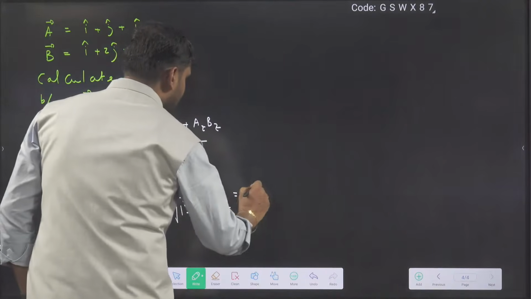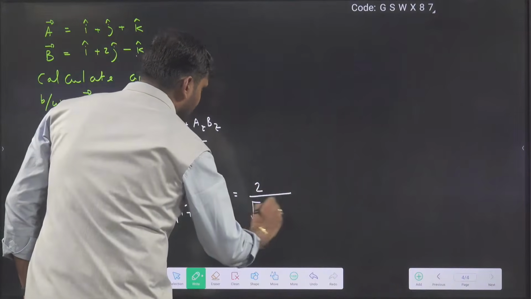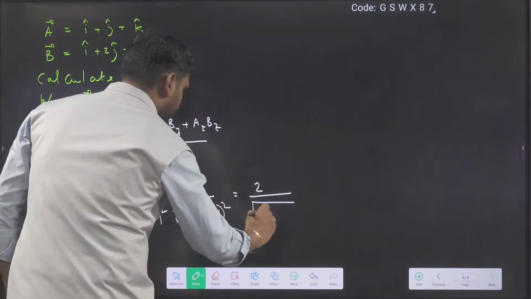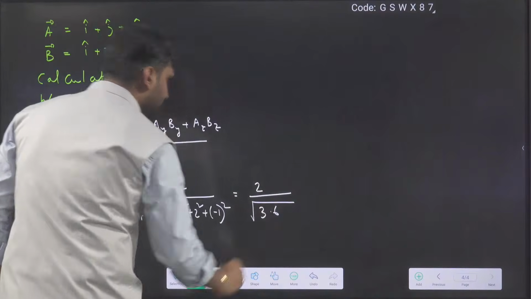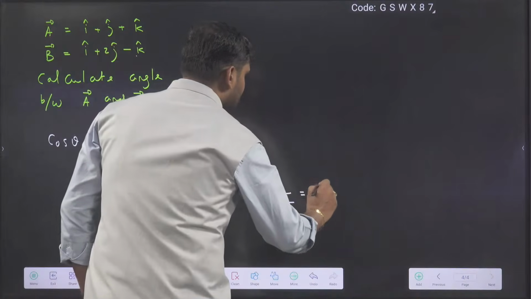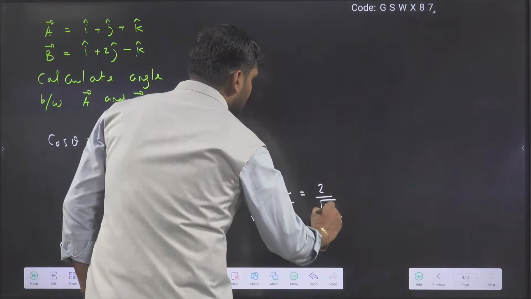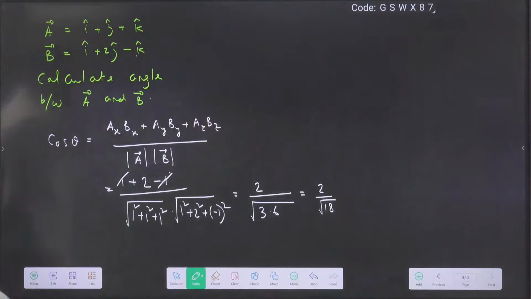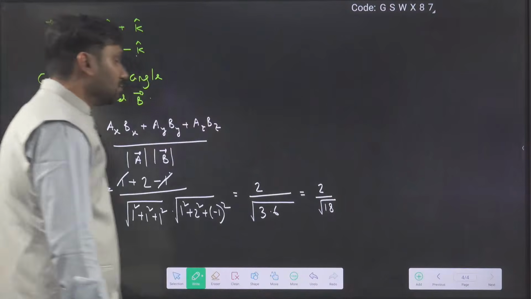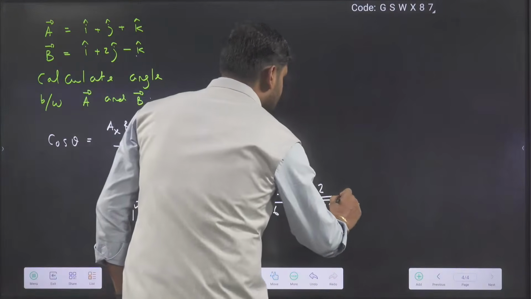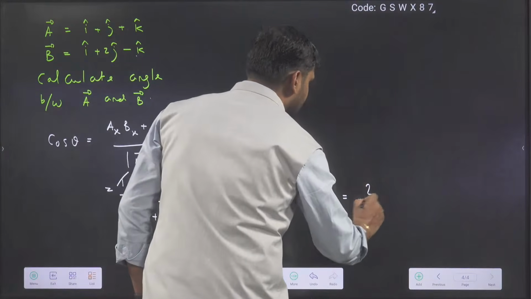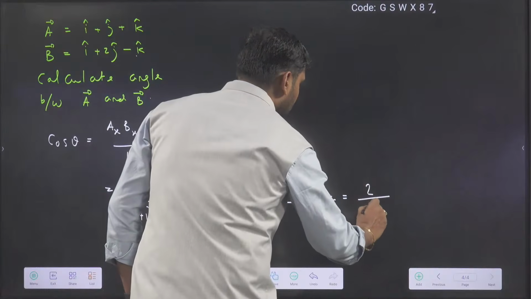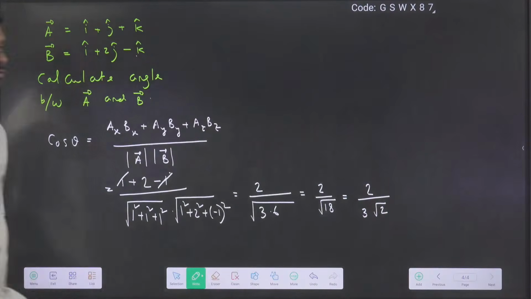How much are you getting here? 2 divided by under root of 3 times 4 plus 2, which is 6. So what is the answer? 2 by under root of 18. If you want to split this further, we can write 2 by 3 root 2.